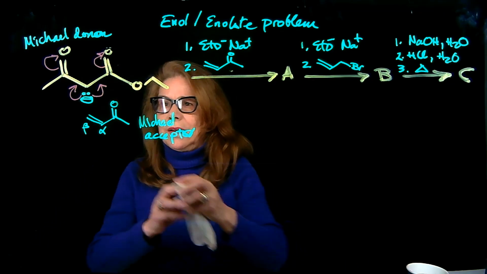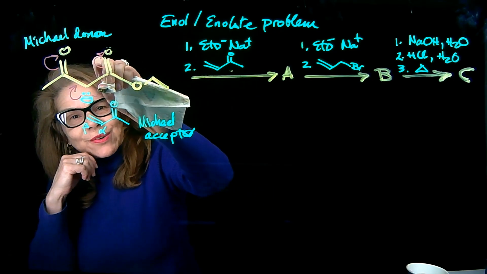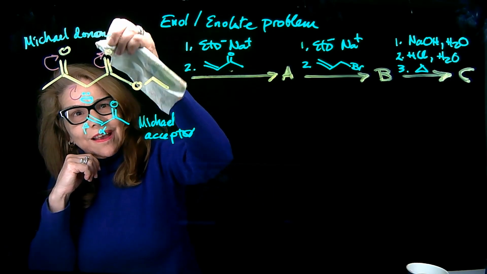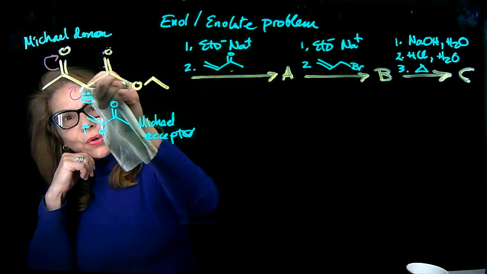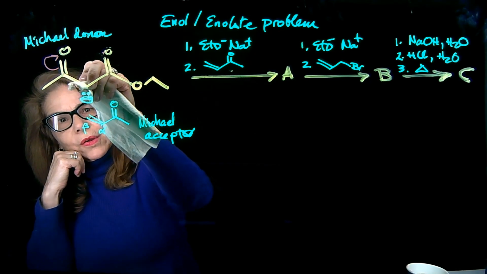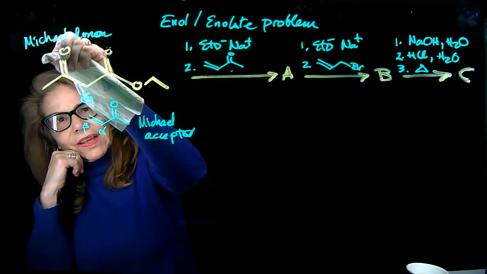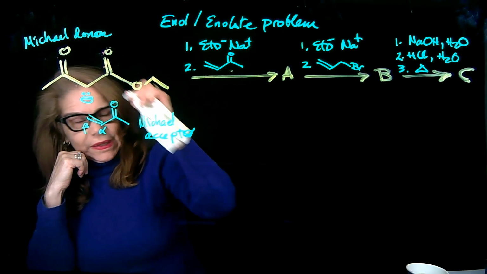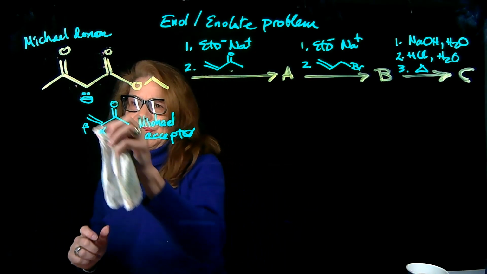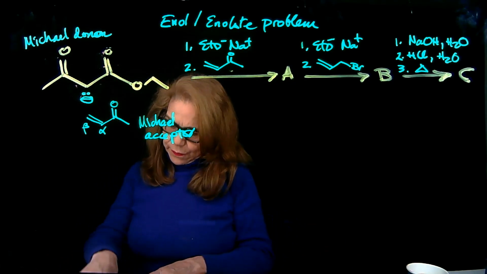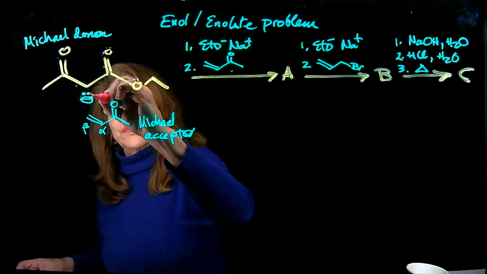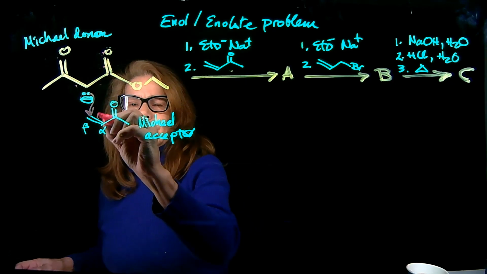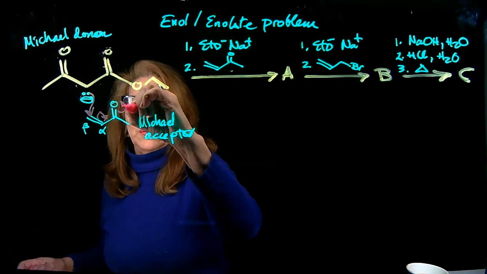I'm going to remove those resonance structure arrows, just to give you the mechanism of what's going on. In the next step, you're going to have the attack of the enolate at the beta carbon. Here you're attacking, and here you're going to move those electrons as well.